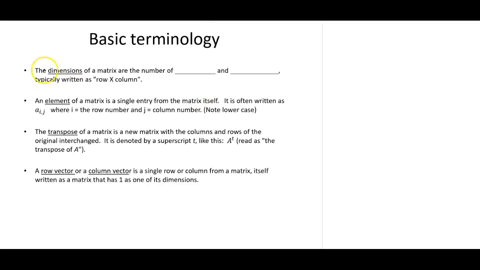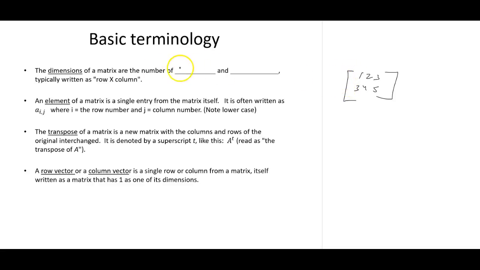So we've got some basic terminology to understand. Again, when we look at matrices, I think you know what they look like now. They are these rectangular arrays of numbers, but we have to make sure we understand what all the different namings are. So the dimensions of a matrix, if I have, say, a quick little example here, 3, 4, 5, the dimensions are the rows and the columns. Since it's a rectangle, you're going to need to know that.